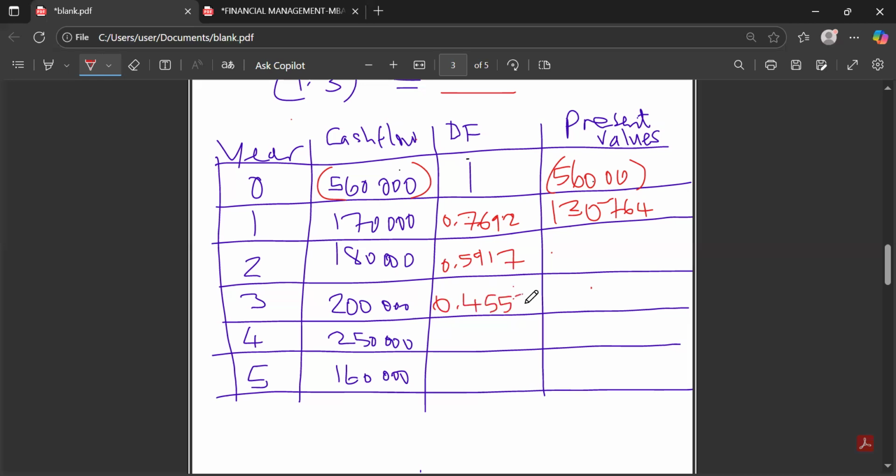Give me the other one. 0.3501. So sort out the last one for me. The last one is 0.2693. Okay, so multiply the last one by 160,000.